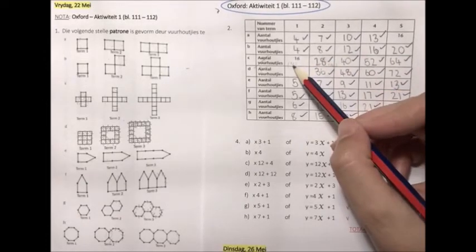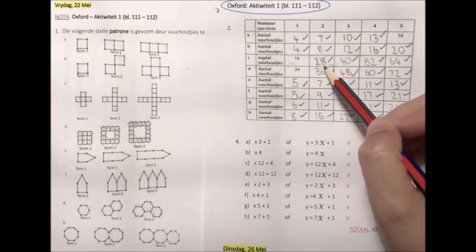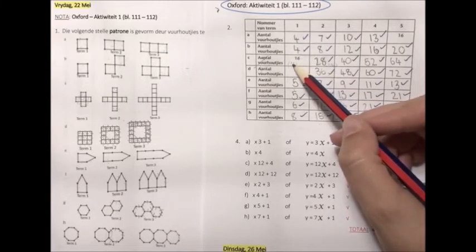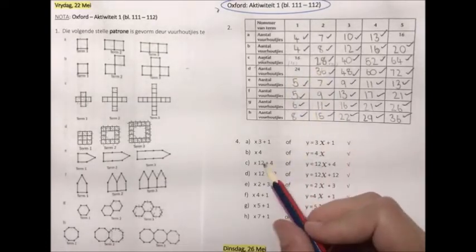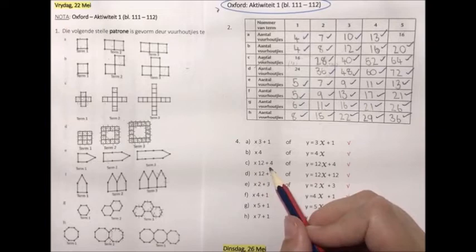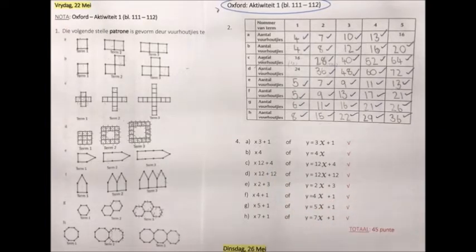So if I have 12 and I need 16, and I have 24 and I need 28, what calculation is still missing? Plus 4. I still need to add 4, so my rule for C will then be times with 12, because that was my constant difference, plus 4. I still needed that to get to the correct output.